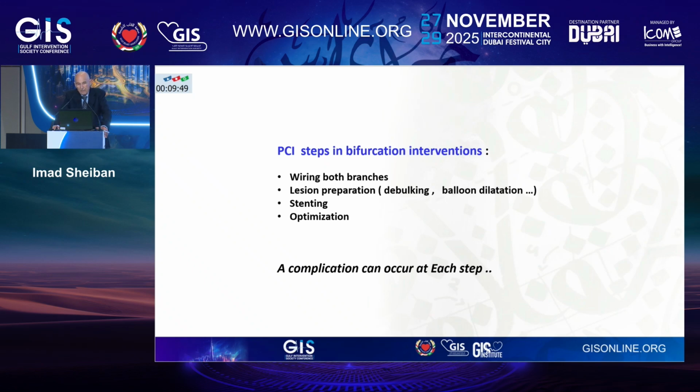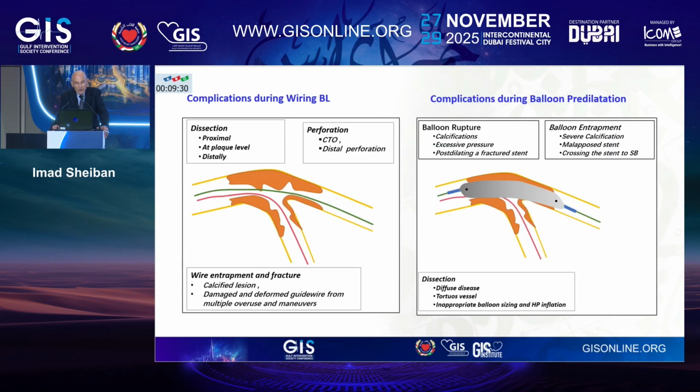Now, every step in bifurcation intervention in distal left main can carry some problem, starting from wiring both branches, lesion preparation, debulking, balloon dilatation, stenting, and optimization. And a complication can occur at each of these steps.